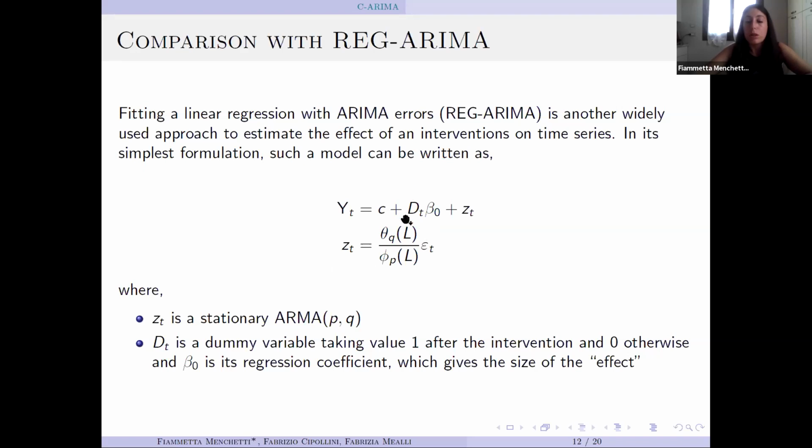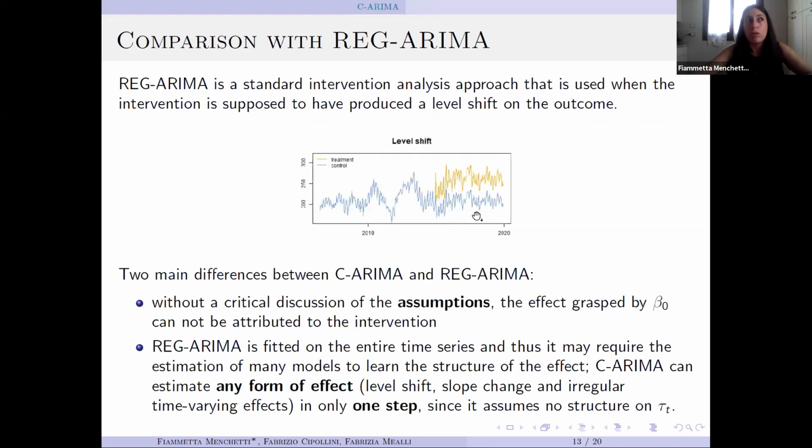Here we are including a dummy variable dt, taking value 1 after the intervention and 0 before, so that beta 0, the estimated coefficient, gives you the size of the effect. And that's the level shift effect that you are assuming.